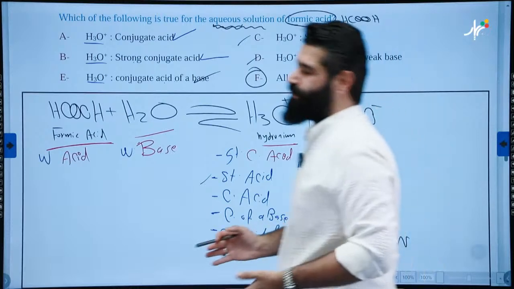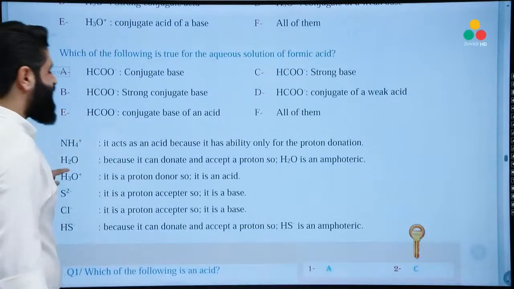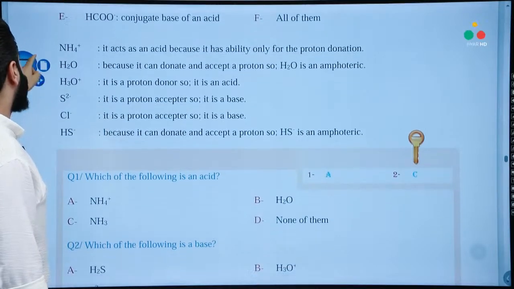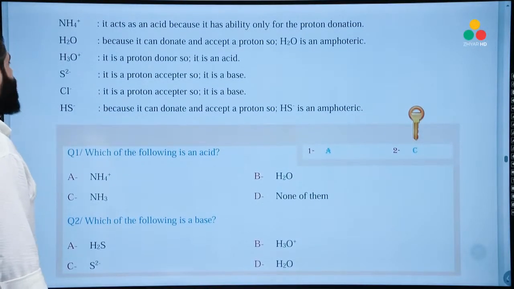All of the following terms are applicable for this. As I told you, this is just something like linguistic. We have something like general information.